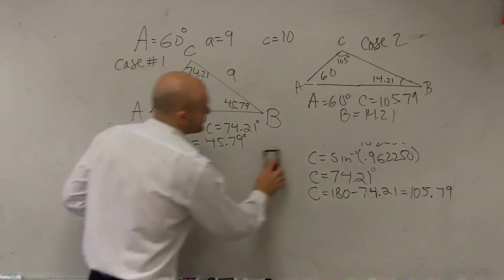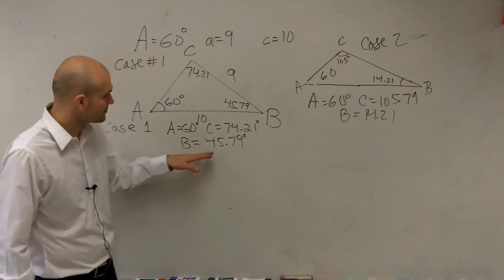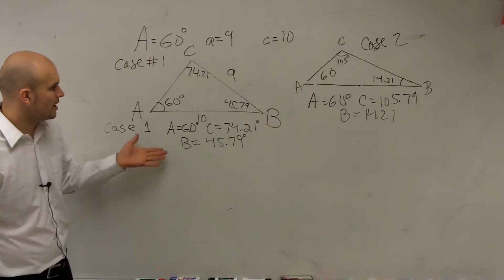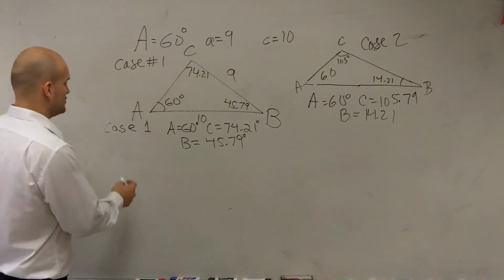What we need to do now is find the rest of the information for both of them. When we look at this one, we already know what A is, but we don't know what B or C are. So we need to use the law of sines again.